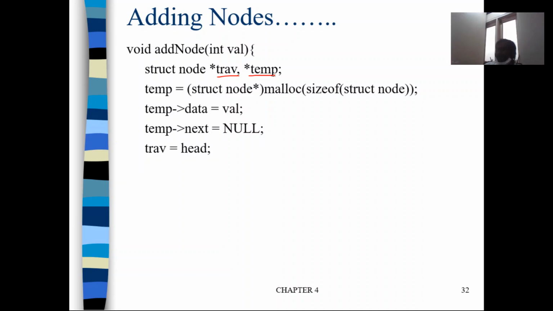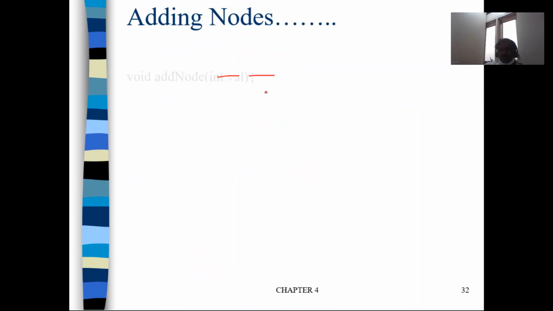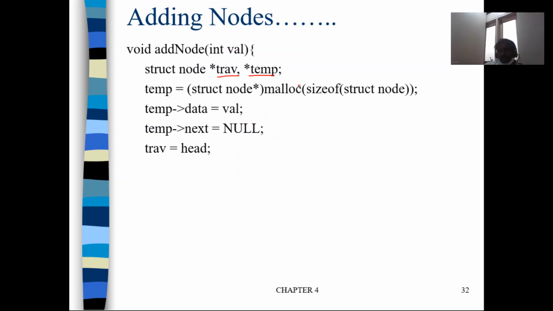So we are saying temp = (struct node *) malloc(sizeof(struct node)), which will allocate space for the new node. And that new node is getting pointed to by the pointer temp, and then we are saying temp->data = val. Whatever the value, the data part is assigned with that value. So this statement basically has successfully created a node with the two pointers, next and previous.